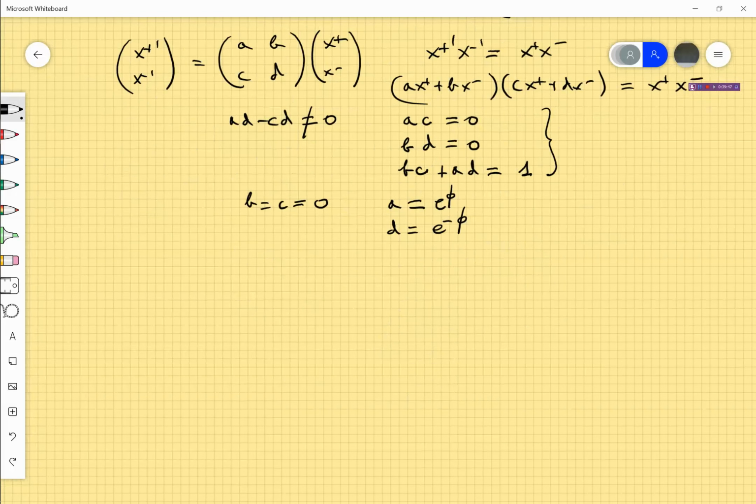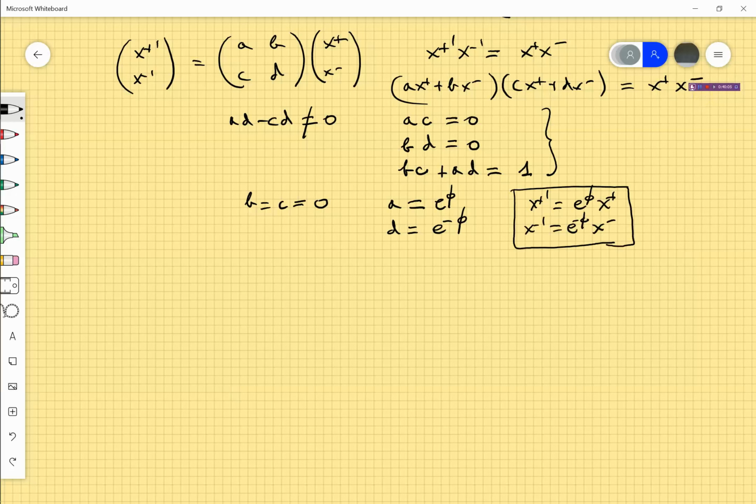So this means that the transformations are x plus prime is equal to e to the phi x plus, and x minus prime is equal to e to the minus phi x minus. So these are Lorentz boosts expressed in light cone coordinates.